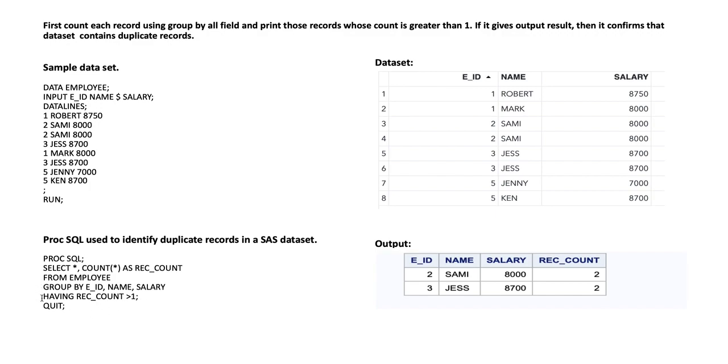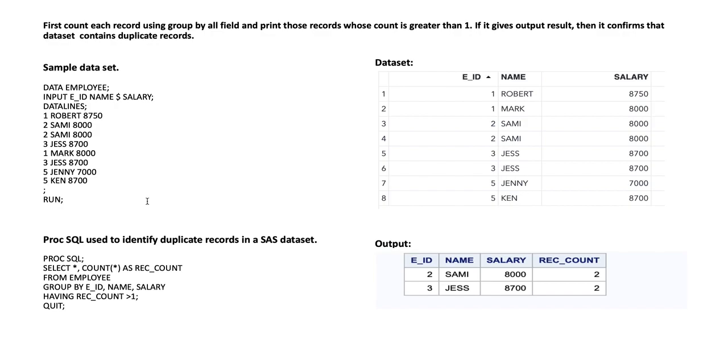When we run the second set of code, the output is obtained on the right side of the output window. We have 2 records whose count is greater than 1. That means these 2 records are repeated in the given dataset, having the names Sami and Jess.